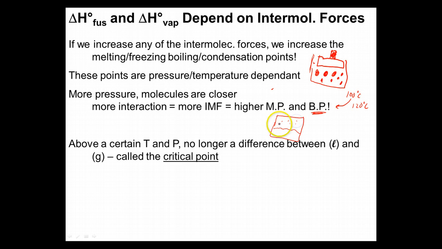Up here, we're going to have gas molecules far enough away that they're not really interacting much. Down here we're going to have things so close together that they are interacting a lot. But what happens if we make this lid a piston and we start pushing down?